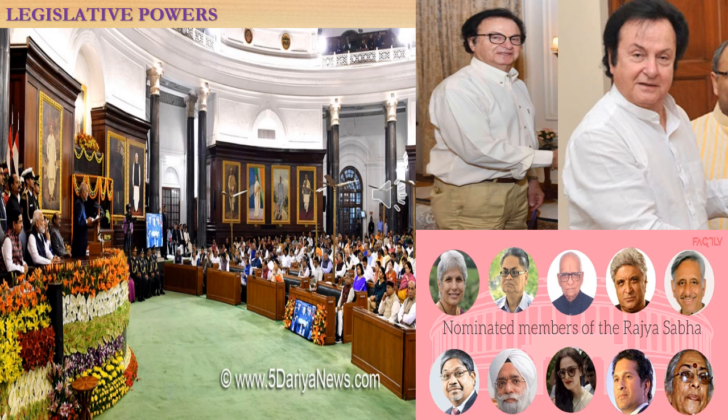A money bill can be introduced only after getting permission from the president. He can terminate the session of both houses or any one house, that is, he puts an end to the session. He can dissolve the Lok Sabha before the expiry of the term of the house.